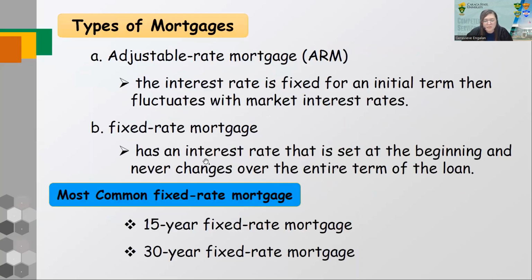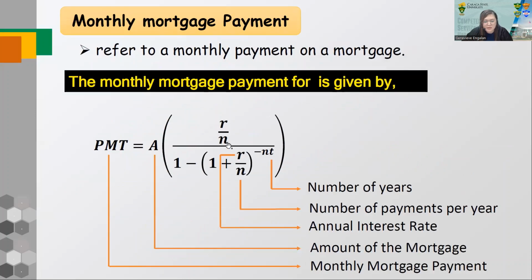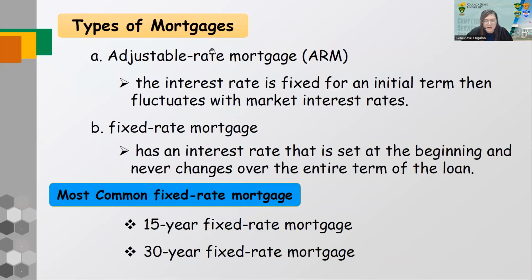So, saan ang pag-compute, ma'am, sa atong monthly amortization? So, naa na siya ang formula. So, however, naa tay types of mortgages, we have the adjustable rate mortgage or ARM, and the fixed rate mortgage. Okay, this is usually mao ni siya kasagaran ang atong ginagamit or this is the most common. Okay, ang adjustable rate mortgage mao ni siya ang interest rate is fixed for the initial term.